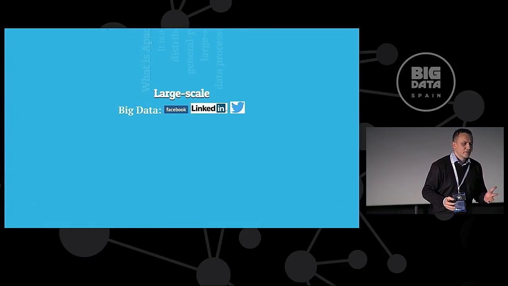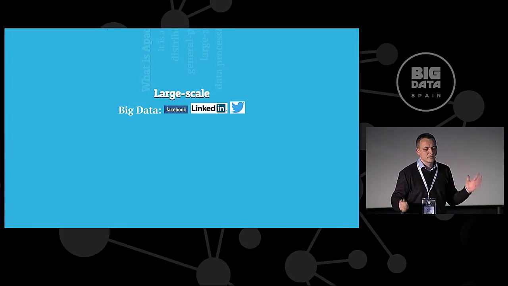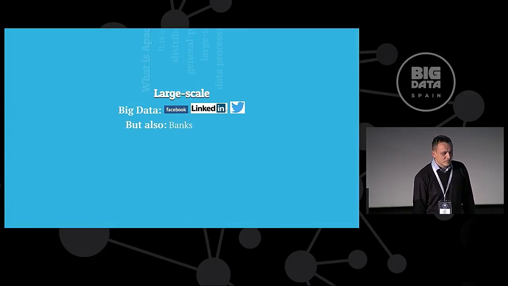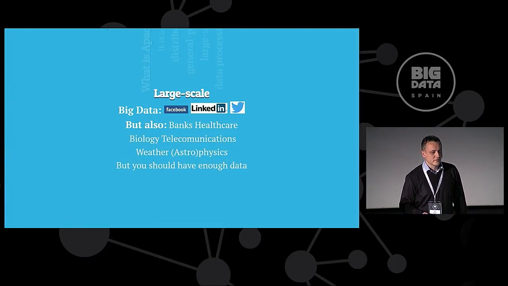This is a Big Data conference. We all know about Facebook, LinkedIn, and Twitter, who grew at some amazing rates. I think Facebook grew at a rate of about 10 users per second or something, which is huge. But also banks, healthcare, biology, telco, astrophysics, weather, and so on.